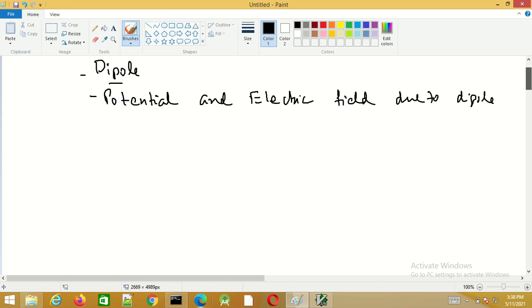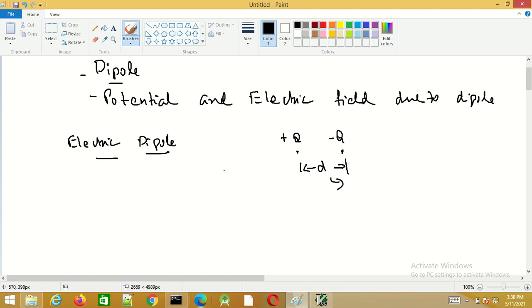An electric dipole is formed when we have two charges equal in magnitude but opposite in sign, and they are separated by a distance d, which is very small.